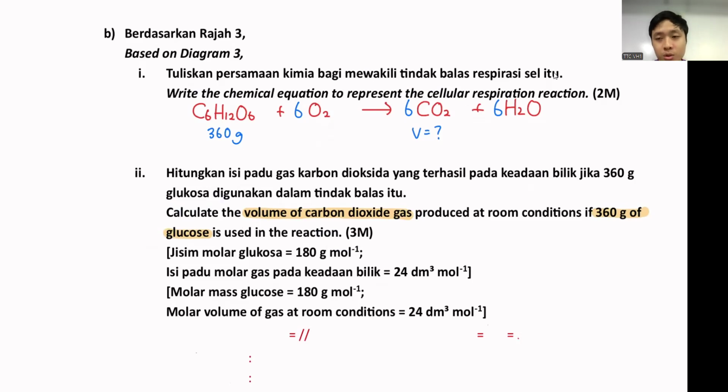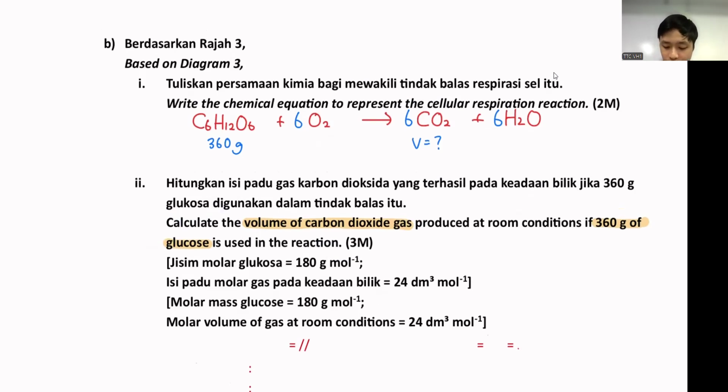Of course, doing this stoichiometric calculation, you have to know the number of mole formulas. Since it is related to mass, because they give you grams, and also related to volume, you must know these two formulas.